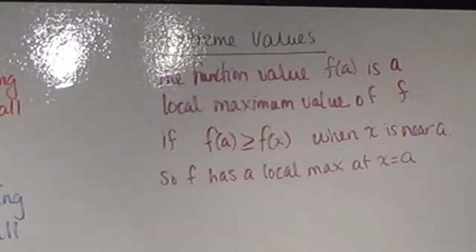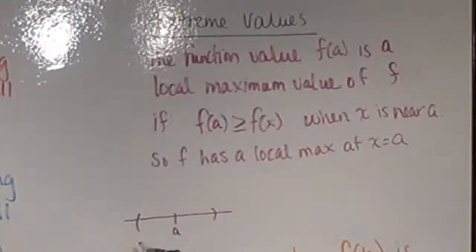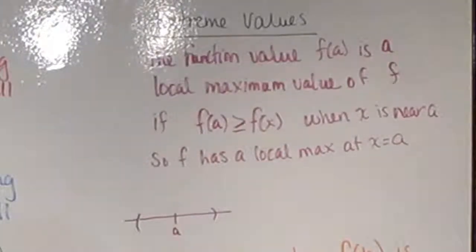Okay? So in this one, if I'm looking at the picture here, I have some point a, and I have some interval around it. We don't care how big that interval is, but we're going to assume it's near it. And so near could be a couple of units, it could be some fraction of units, or it could be some large number of units.